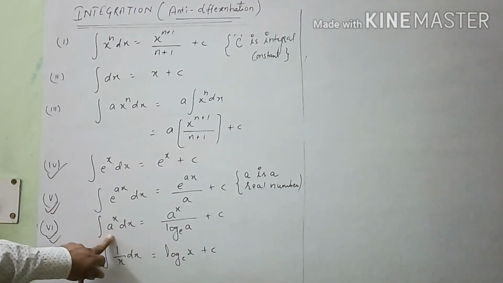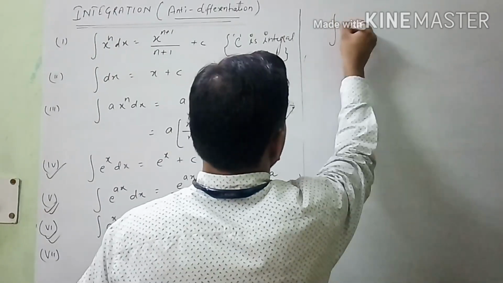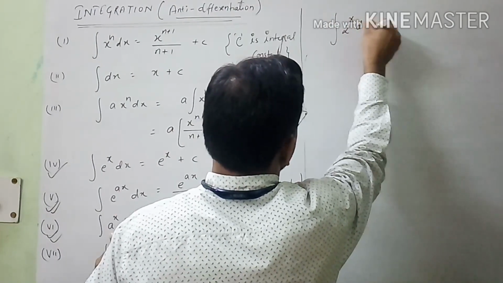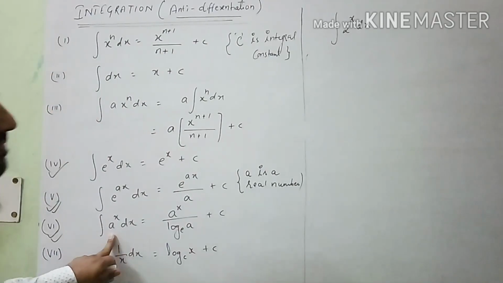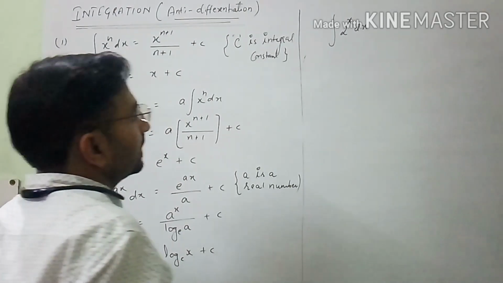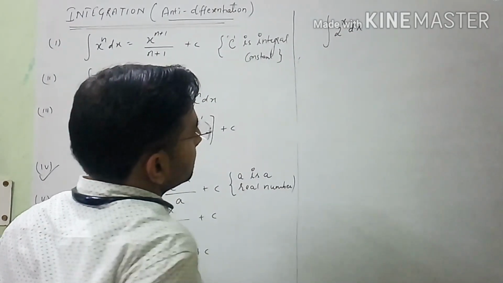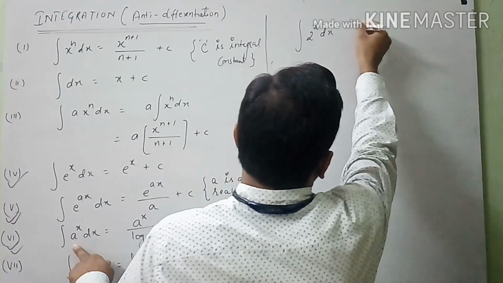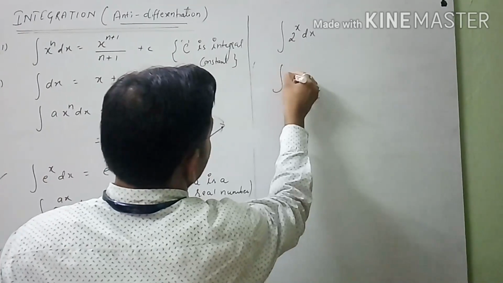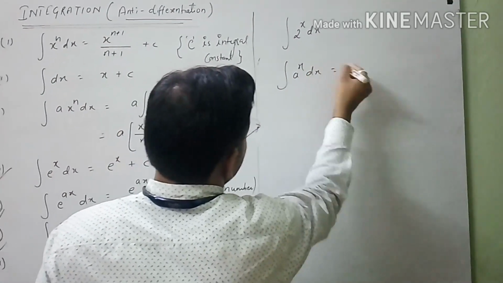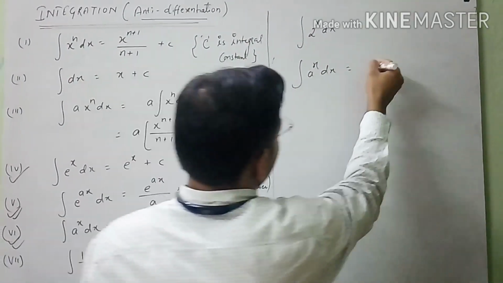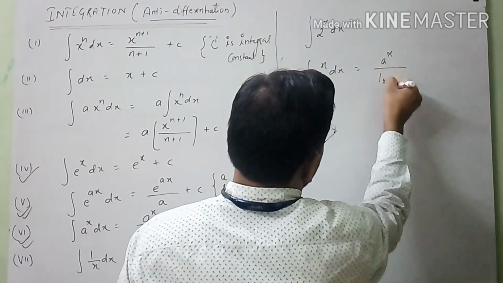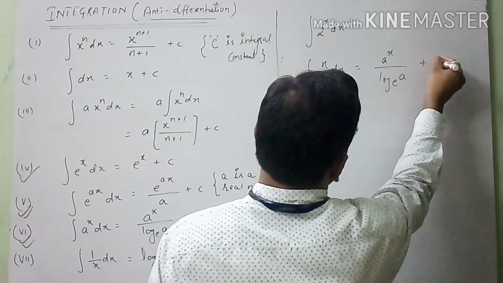In this case you will see this type of example, integration of 2 raised to the power x dx. Here it is not an exponential function. So when you will see 2 raised to the power x dx type of problem, then you will use the formula, integration of a raised to the power x dx equals a raised to the power x over log e base a plus c.